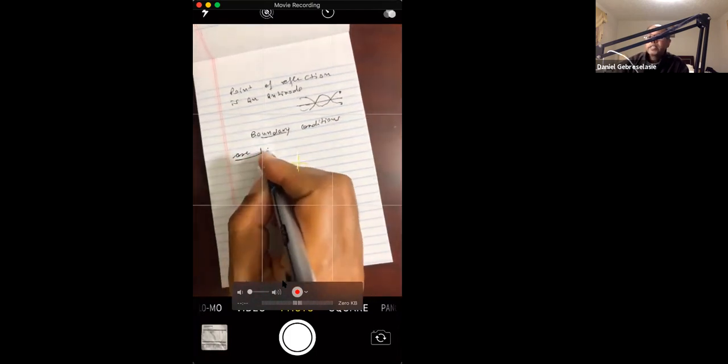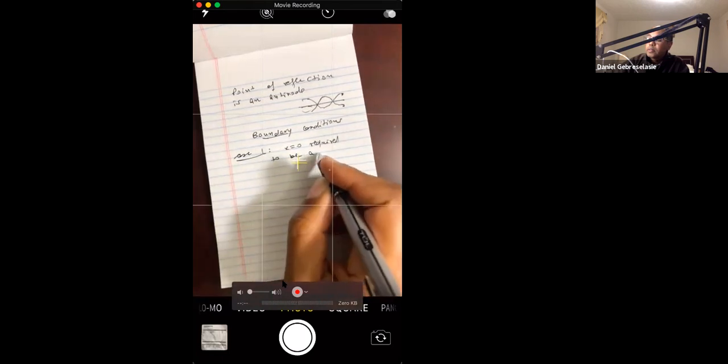Okay. And now we're going to introduce boundary values, boundary conditions. Okay. So let's look at boundary conditions now. Case 1, x equals 0 required to be a node.